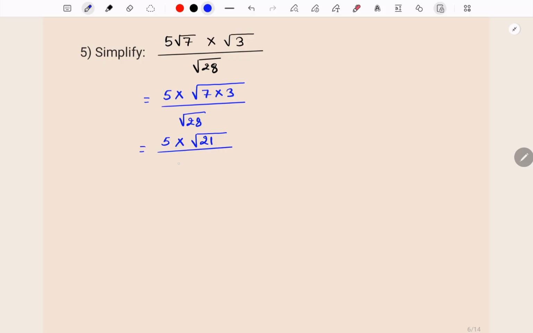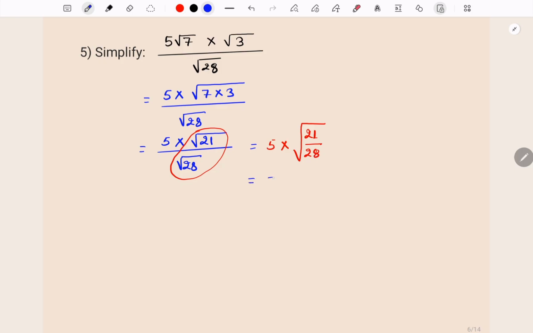divided by square root of 28. Again, we are performing this division operation, right? So I can put a square root symbol and carry the division under it. So I can write 21 over 28.